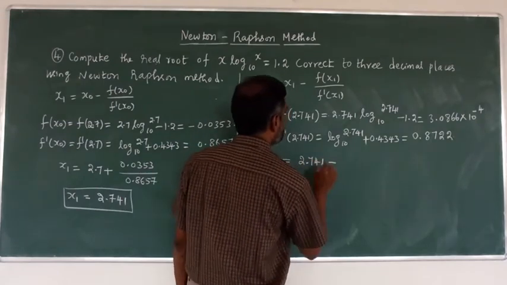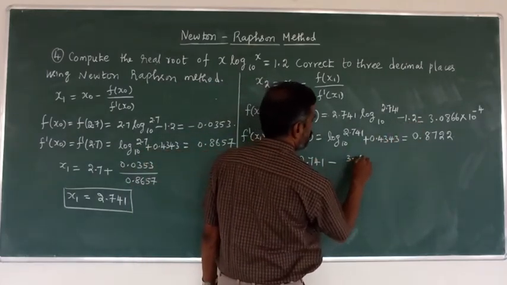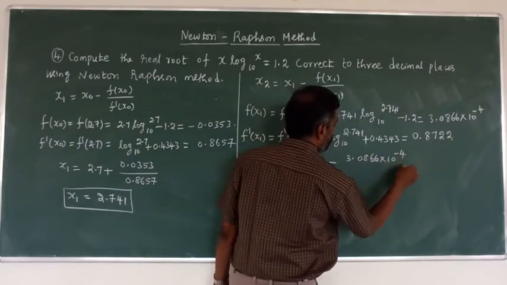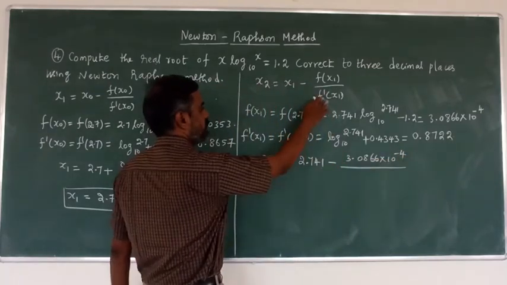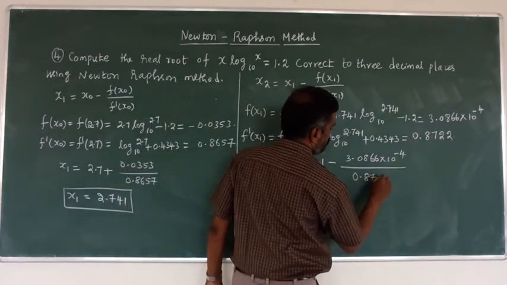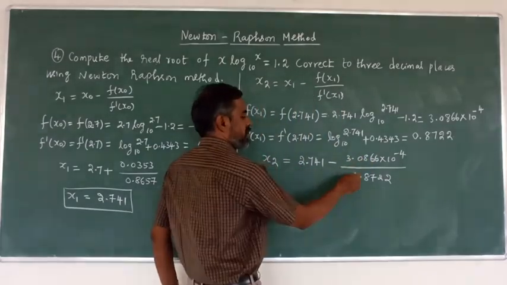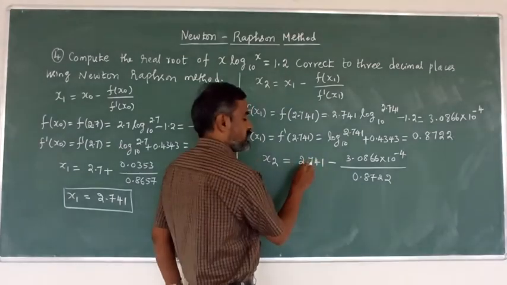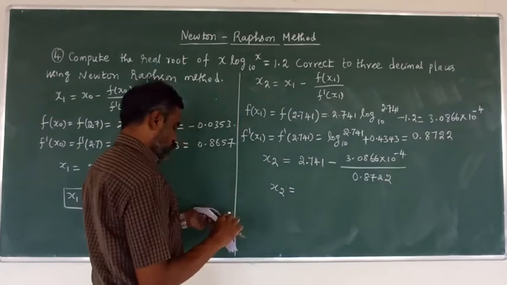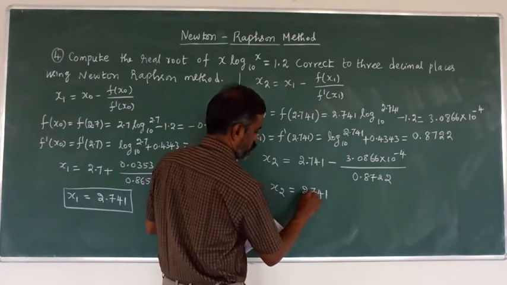Now these two values substitute here: x₂ equal x₁ value 2.741 minus f(x₁) value 3.0866 × 10⁻⁴ divided by f'(x₁) result 0.8722. Divide these two, that result subtract from 2.741. Now we get the x₂ value 2.741.